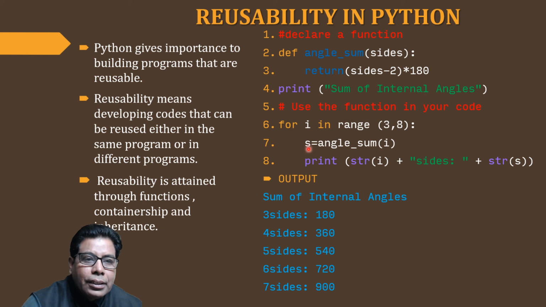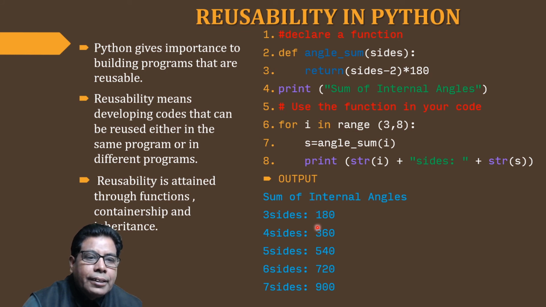So this s will have the sum of the internal angles. That is the variable where the sum of internal angles is stored. And then we print the string of i, and the string of s, and this is the sides.